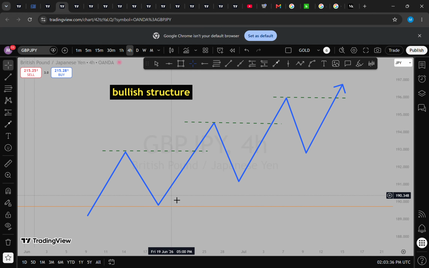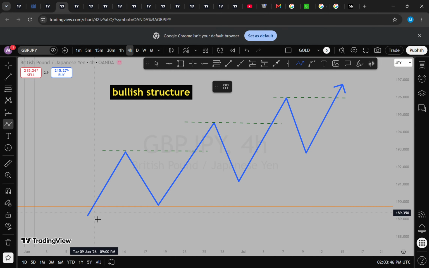Say for instance, this is a 1 hour structure. For the minor structures, if you go down to 15 minutes, this is what you are going to have as minor structure.